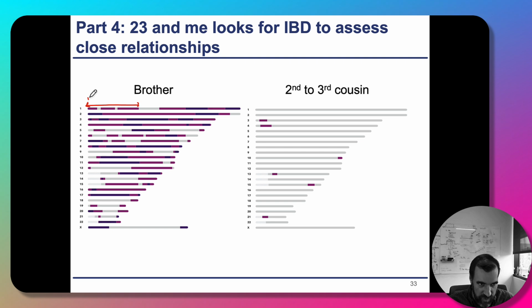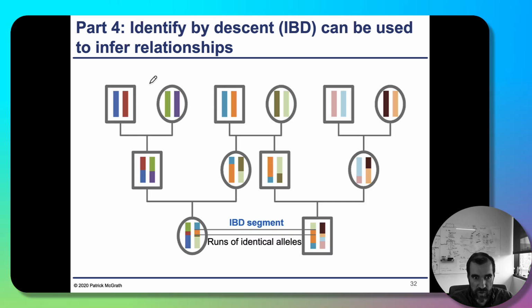If I looked within there, there'd be hundreds of thousands of individual differences, individual SNPs. And so what we're looking for is what's called identity by descent.